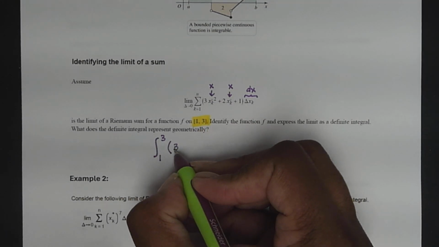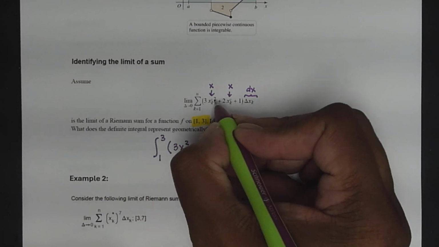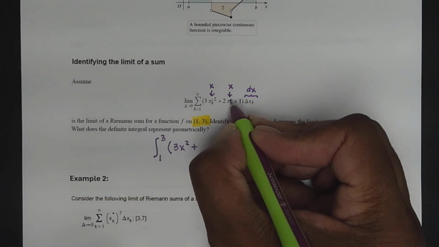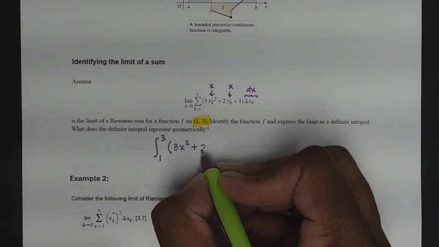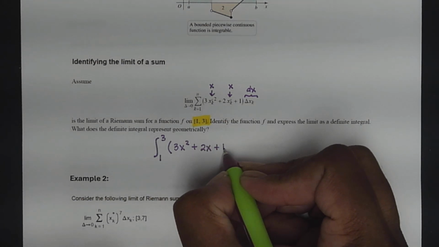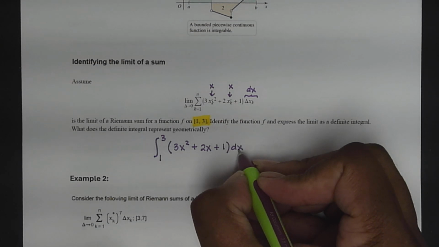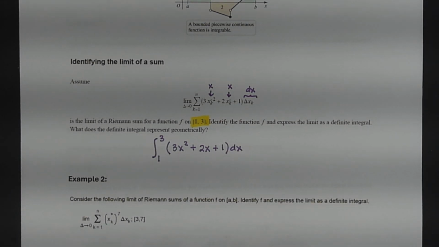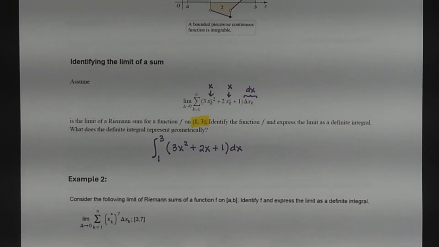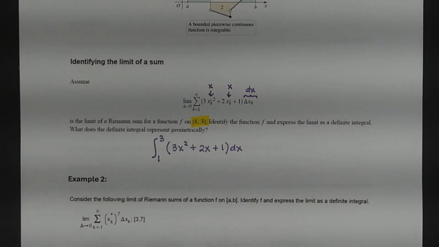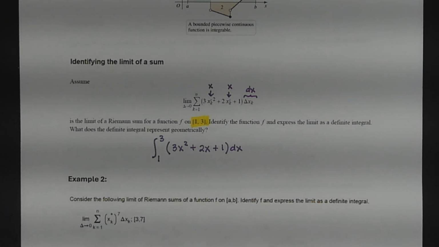So it would be 3x squared plus 2x plus 1. Instead of delta x of k, dx is what we use. And that's all we have to do in that problem, because they just want the expression of the limit as a definite integral, and this is it.